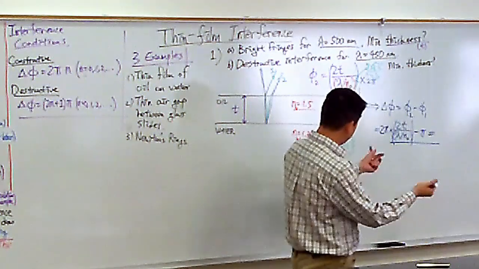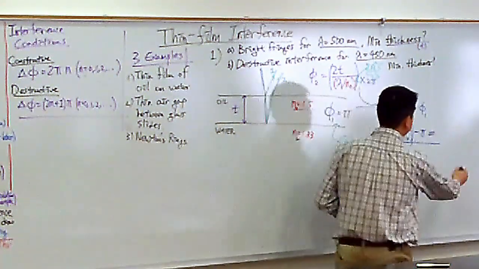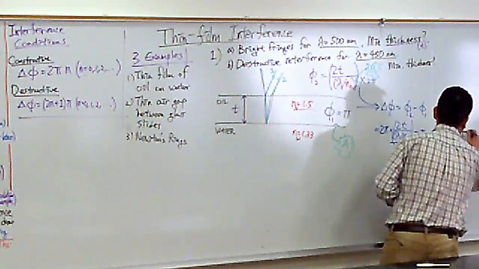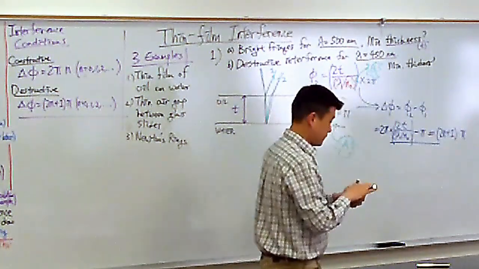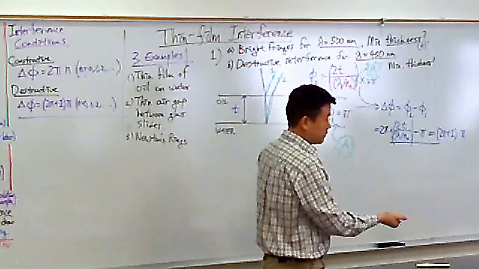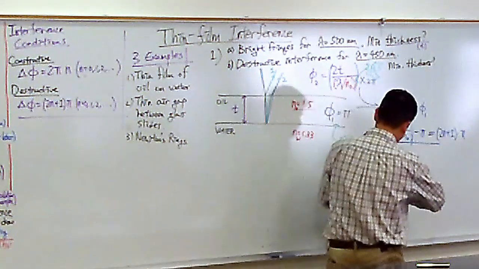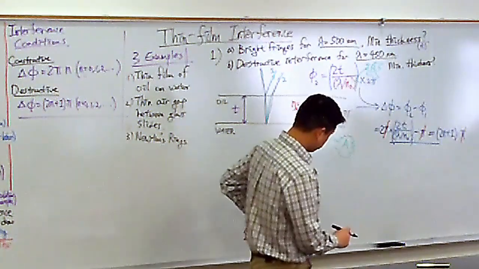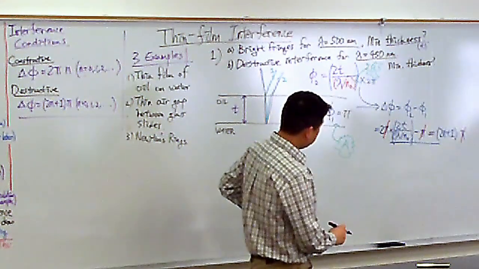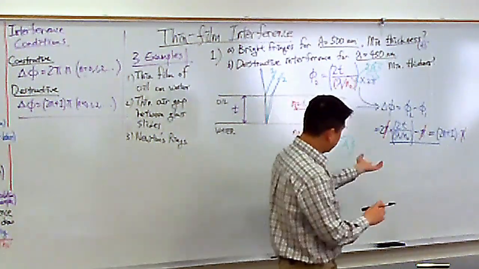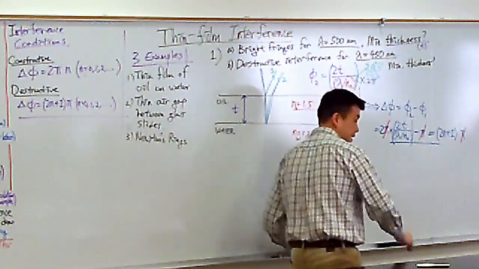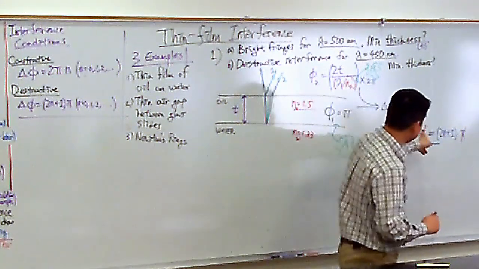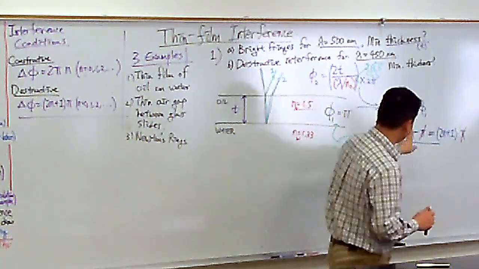So we say, all right, this is equal to 2n plus 1 times pi. As before, the pi factors cancel out. Let me do the same solution as last time. Move this 1 over, divide this through by 2.